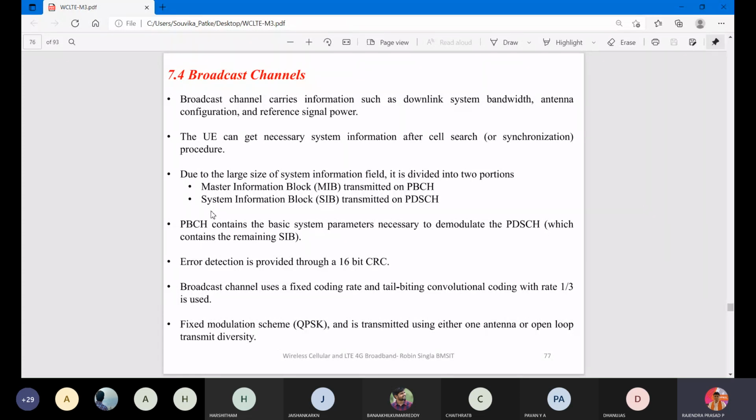This is why you require the master information block, where he gathers all this information: the bandwidth over which it has to be spread, the antenna configuration, and the reference signal power. All these things are measured in the master information block.